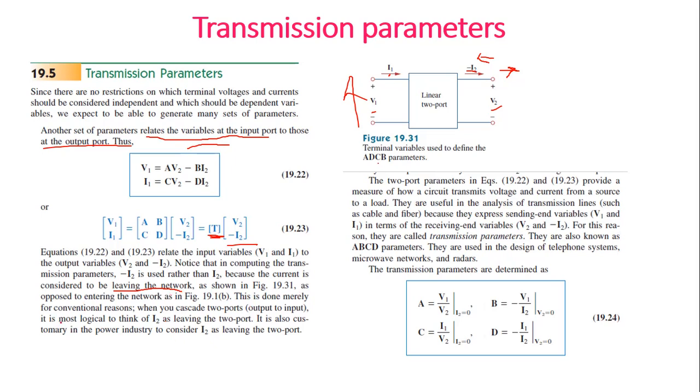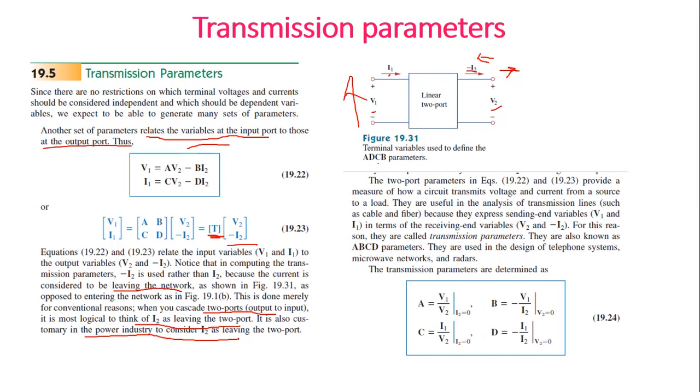This is done merely for conventional reasons. When you cascade two-port networks, that is output to input, it is most logical to think of I2 as leaving the two-port network. It is also customary in the power industry to consider I2 as leaving the two-port.